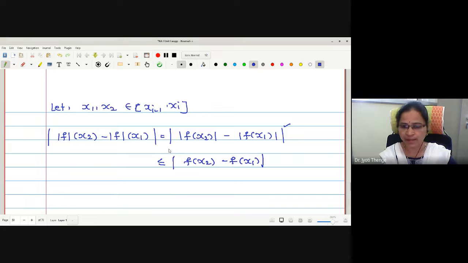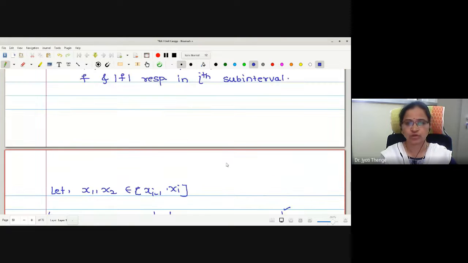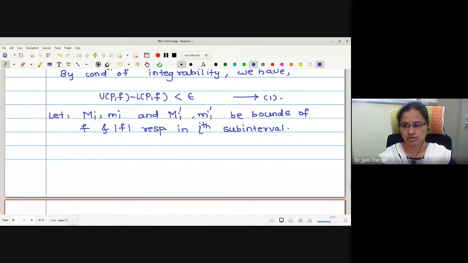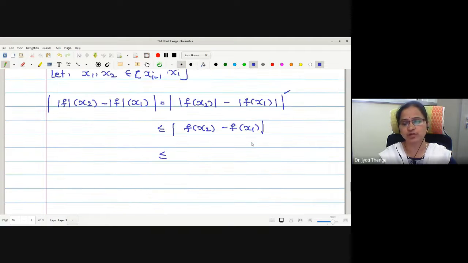Okay. And by lemma, what is the suprema of this set? For the function f, these are the bounds. For the function mod f, these are the bounds, right? Therefore, what is the suprema of this kind of set? Modulus difference of the function value for any 2 points in the ith subinterval. What is the suprema?